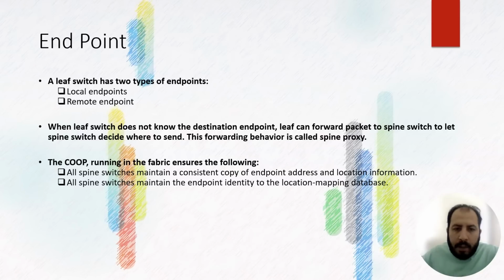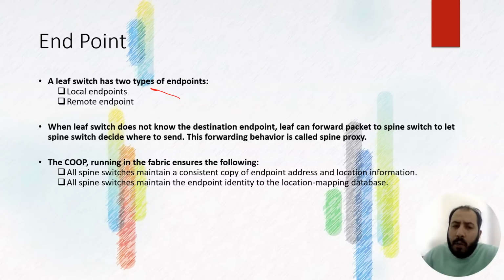Okay, now what types of endpoints can the leaf learn within the fabric? The leaf can learn two types of endpoints. The locally connected endpoint, as the name implies, is a locally connected endpoint which is physically and directly attached to my leaf.